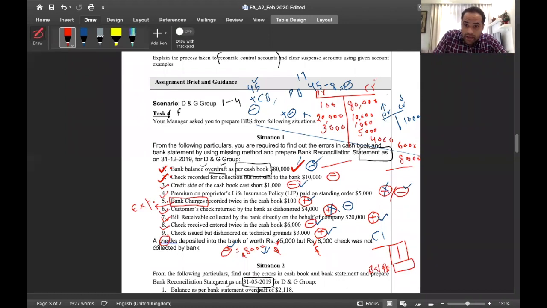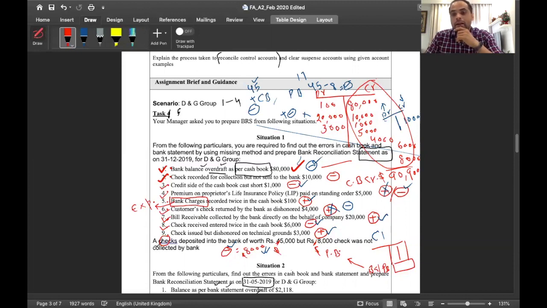And here, the answer will be the same, but the balance is negative, which is 90,900. According to the cash book, 90,900 is credit. And if you look at the bank reconciliation statement, the balance as per passbook is positive.